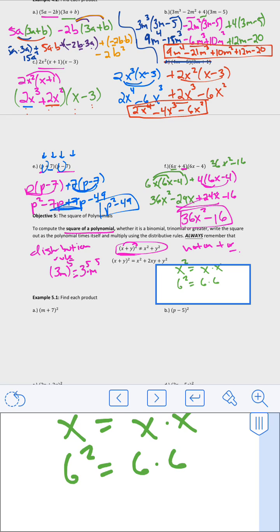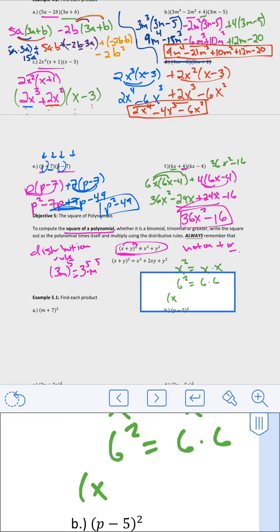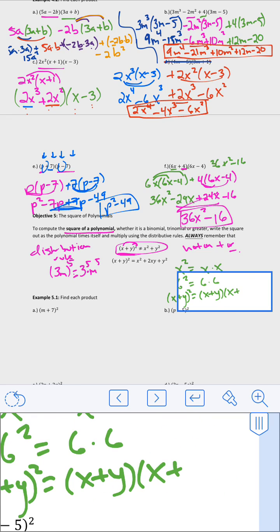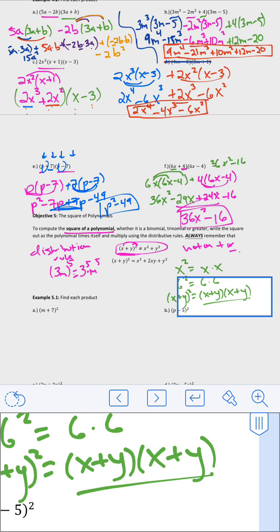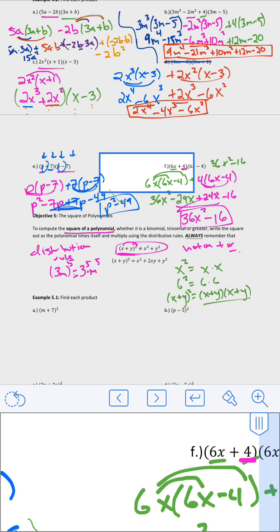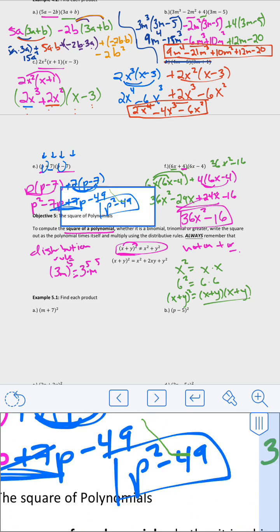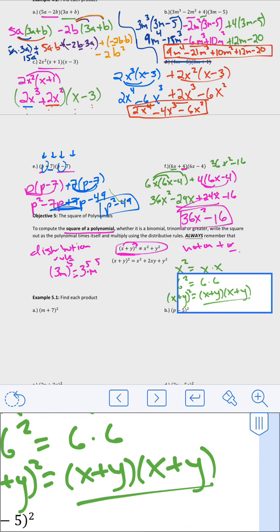And so x plus y squared is x plus y times itself twice. That's all it means. Take something and times it by itself. It does not mean distribute. Once you have this, you have exactly what we had up there, except they happen to be the same thing. So once you have it spread out like that, something times itself, it's nothing new.